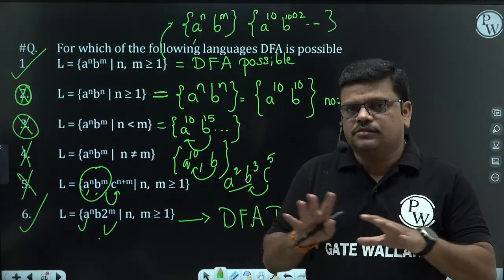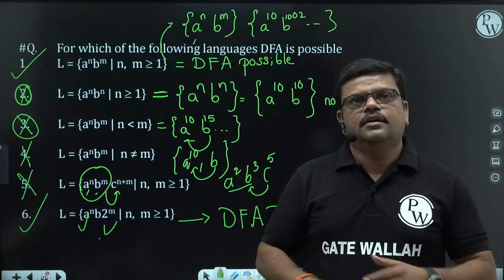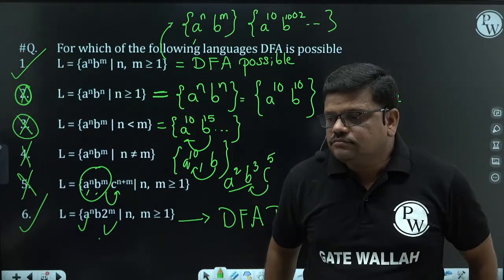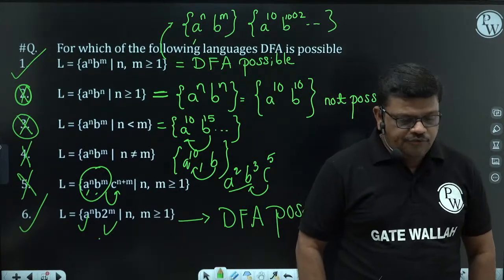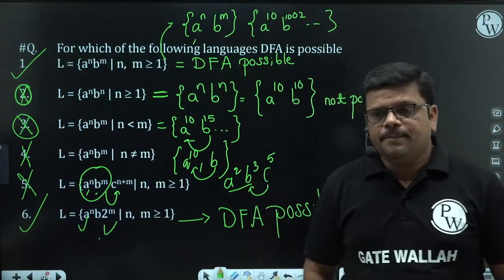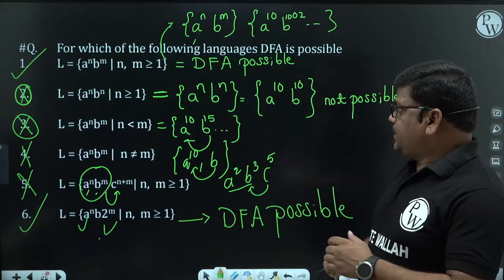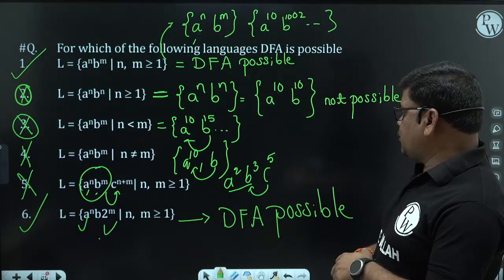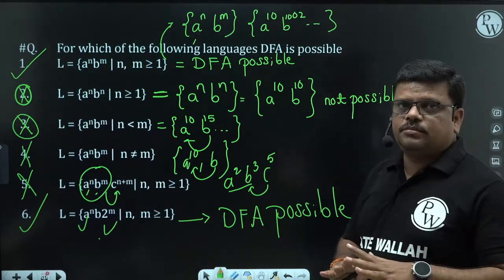If independence is not there in the generation of strings, DFA is not possible. So there were 6 languages: for the first one DFA is possible, for the last one DFA is possible, and for the remaining 4 DFA is not possible.